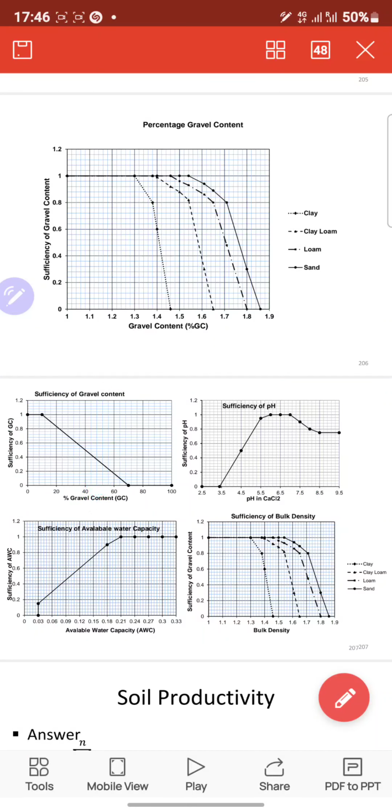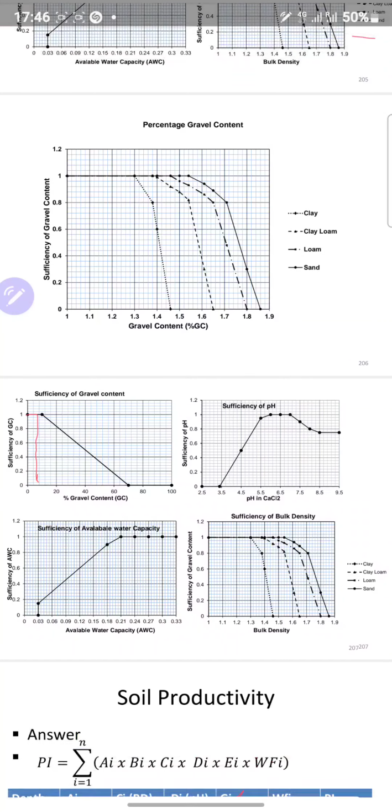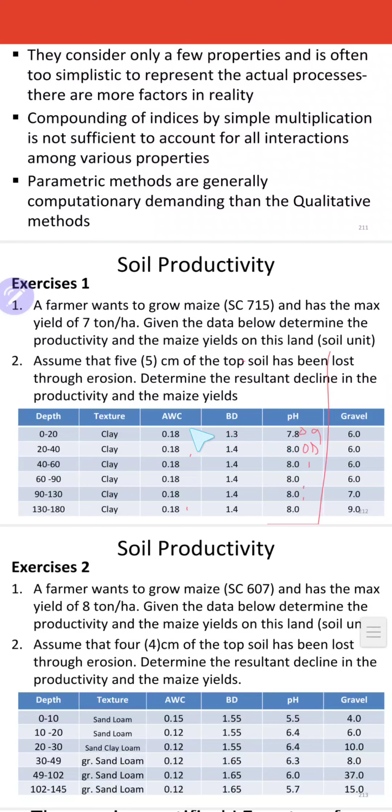So 6, you read your scale, this is 1, 2, 3, 4, 5, then this is percentages, so one small box should be 0.4. Is it 0.4 or 4? Should be 4, yes, 4%. So in between here is where you find your 6, and it gives you 1. Okay, so you put your 1, and then after putting all the values, you do the same.